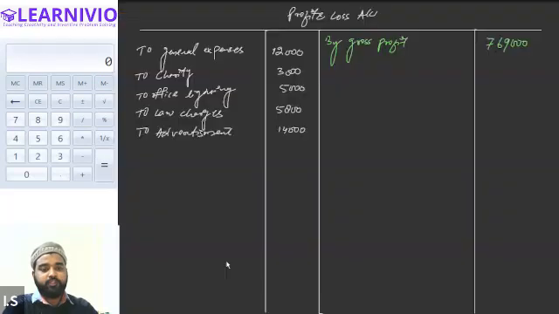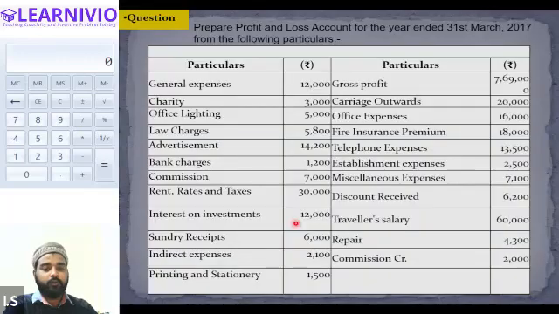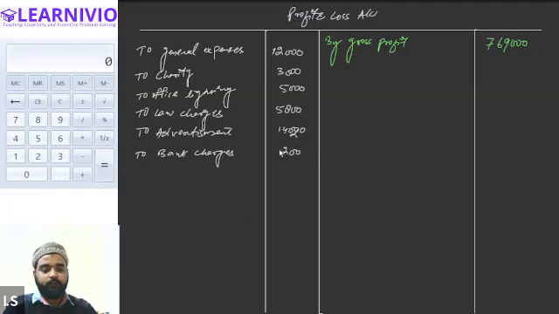Then we have bank charges, 1,200, to bank charges. Bank charges was 1,200. Sorry, it's 1,200.